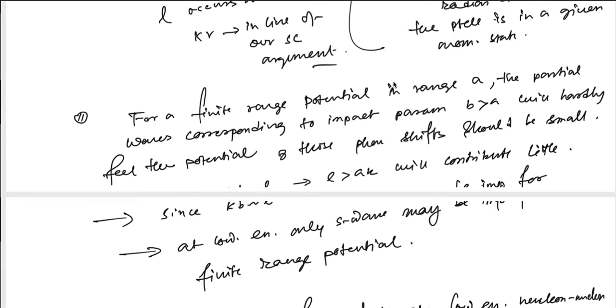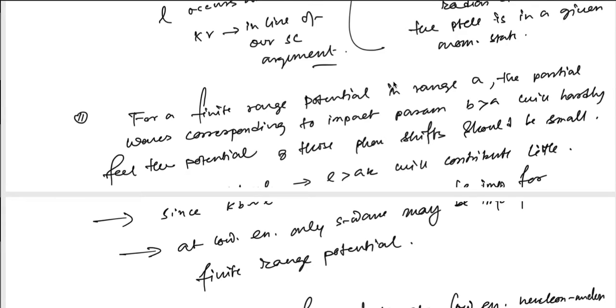Then for the partial wave corresponding to an impact parameter b greater than a, classically you will think it will hardly see the potential. So the phase shift should be very small. That is what the intuition suggests to us.